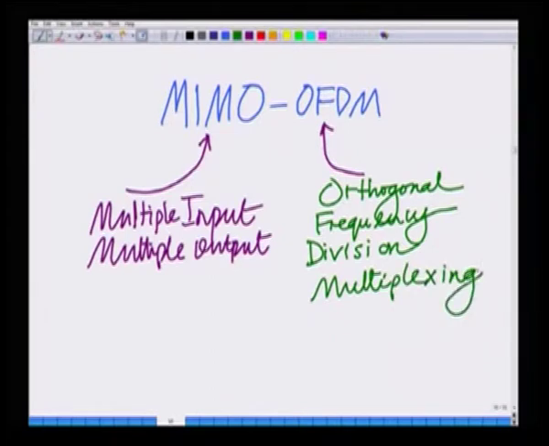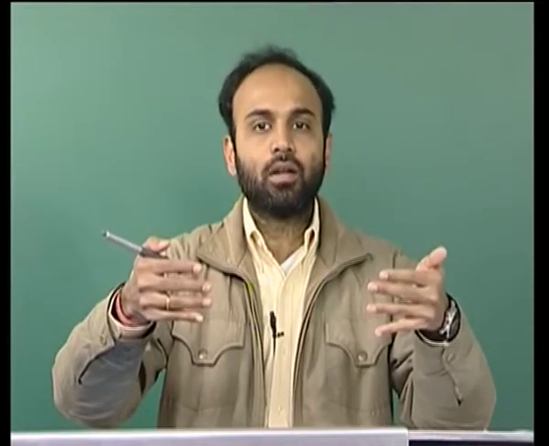So, we know that MIMO stands for multiple input, multiple output wireless communication system. It is nothing but having multiple antennas at the transmitter and multiple antennas at the receiver. Then we also have OFDM, which converts a frequency selective channel into a set of parallel flat fading channels. Now we want to combine these two technologies to achieve much higher throughput and much easier receive processing at the receiver.